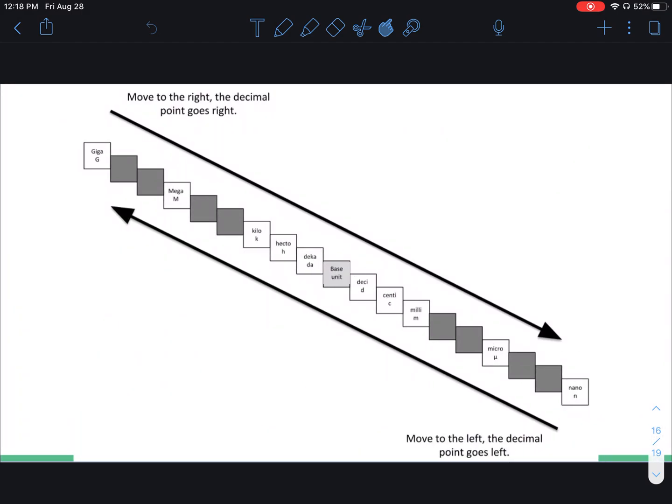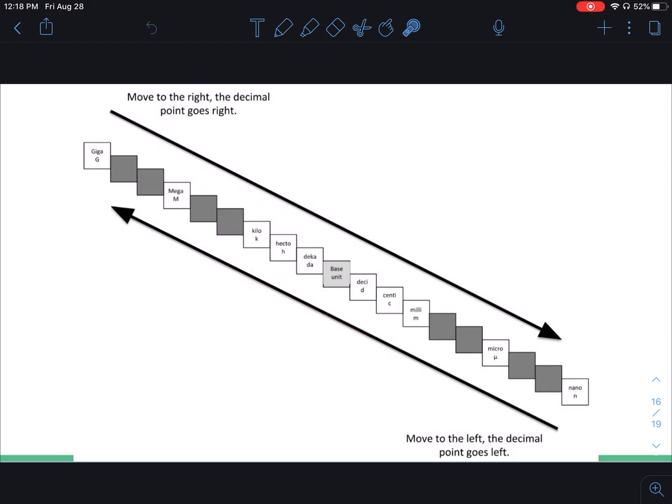And for that decimal moving, this is the scale that I was going off of. You guys should remember this from physical science. Each box is a stair step. So if you need to move, for example, from milli to kilo, go 1, 2, 3, 4, 5, 6.